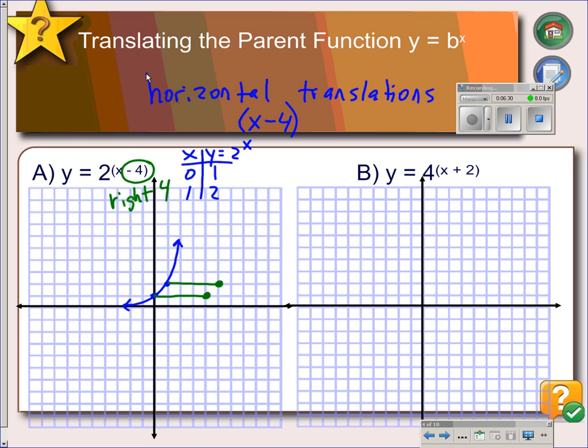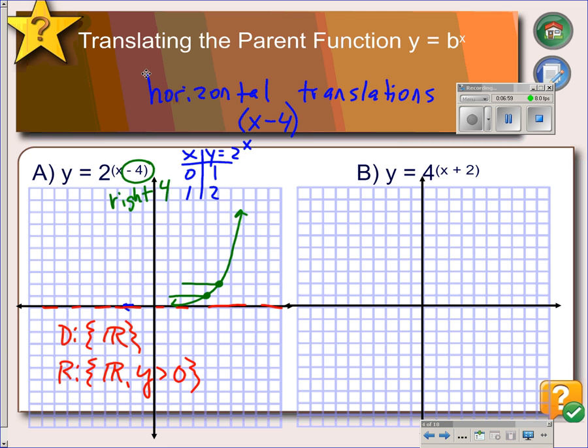The new curve is going to look like this. Asymptote is still on the x-axis. Domain is still all real numbers. Range is all real numbers where y is greater than the asymptote, which was at 0. So the green is our final answer. The blue was the parent function. And so there's our translated function.